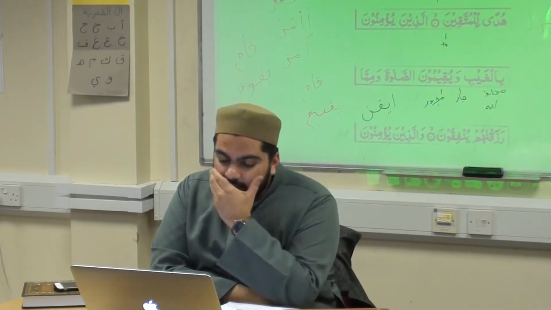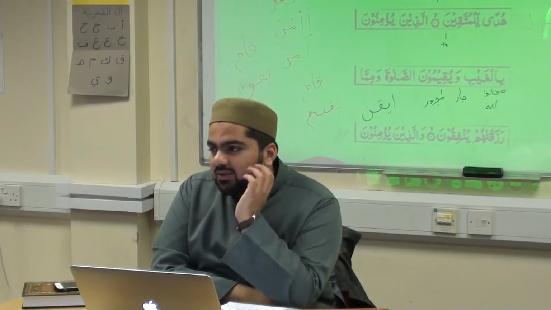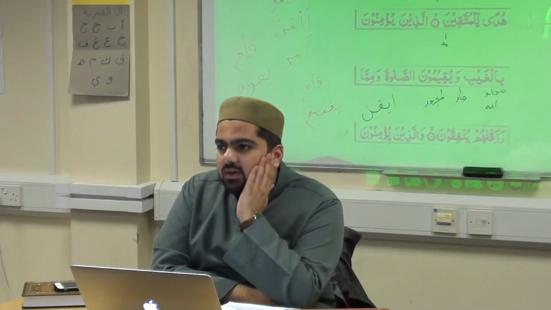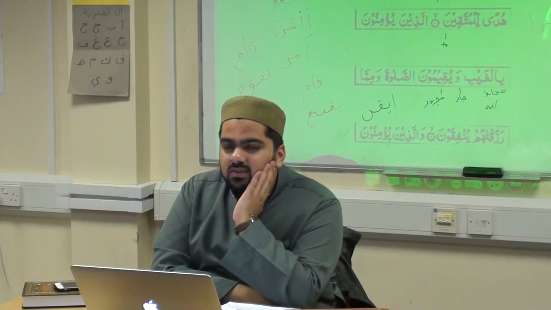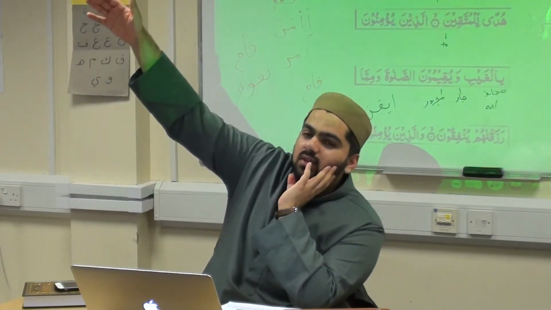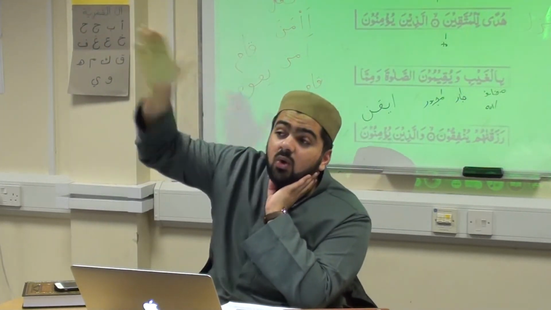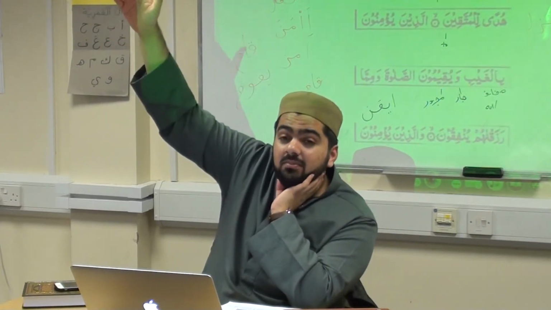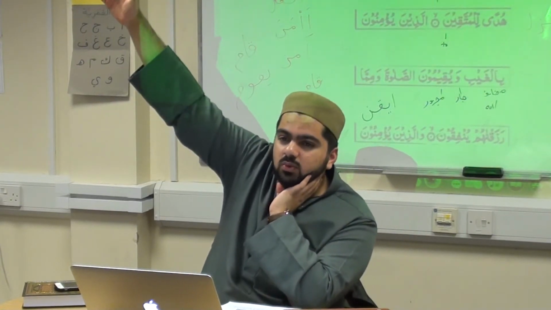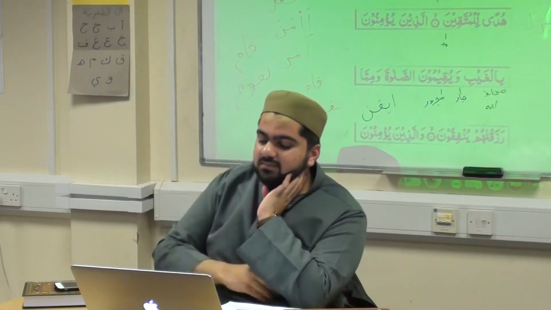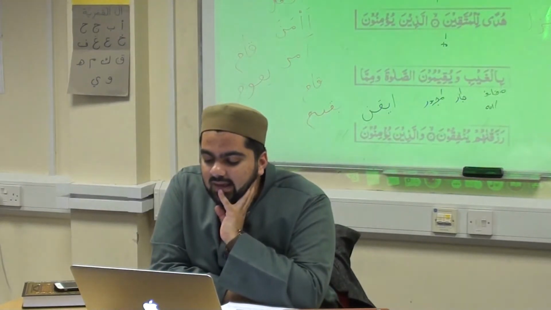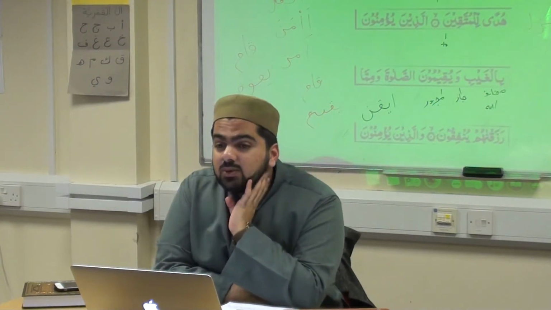Now, ulaika here is a distant plural ishara. It's distant. Ulaika, them people. Again, this gives us the concept of those people on that maqam, that high maqam. They are ala hudan min rabbihim.